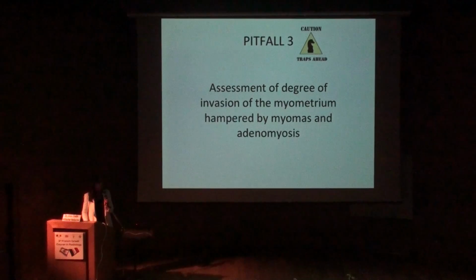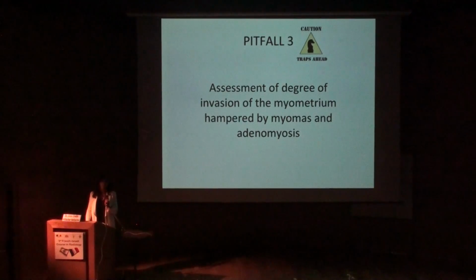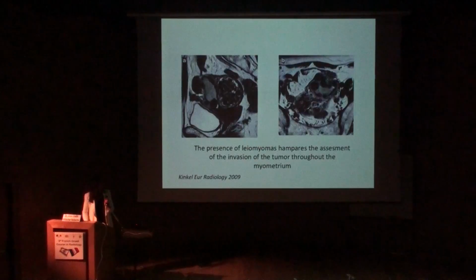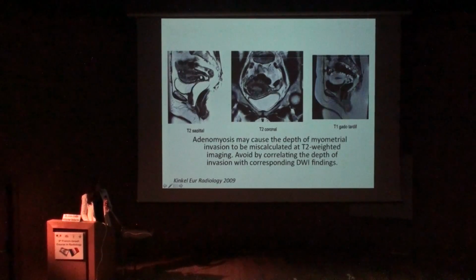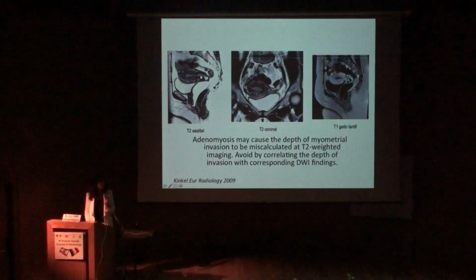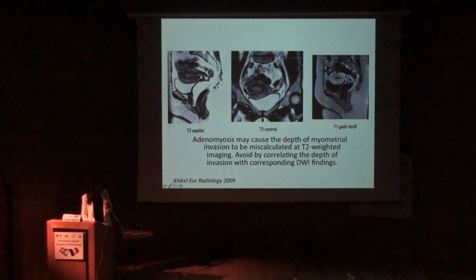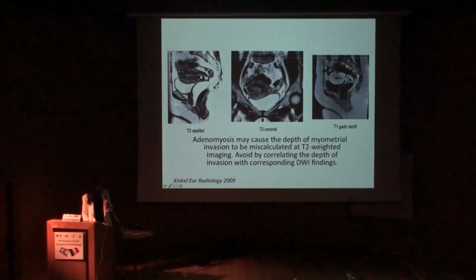Sometimes the evaluation of the myometrial invasion can be hampered by the presence of myomas or adenomyosis. As you can see here, you have a uterus with several myomas, and it's difficult to be sure that the limit of the lesion is here or here because you have a lot of myomas. For adenomyosis, where you have hyperintense foci here, which are specific to adenomyomas, it is difficult to know if it is lesion or just adenomyosis.